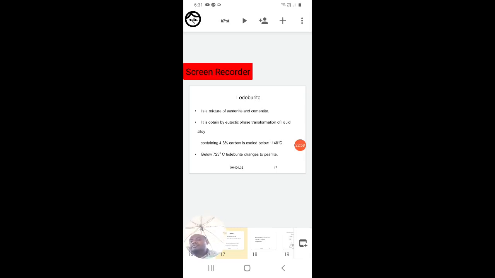That means liquid iron gives rise to a mixture of austenite and cementite. This combination is called ledeburite.